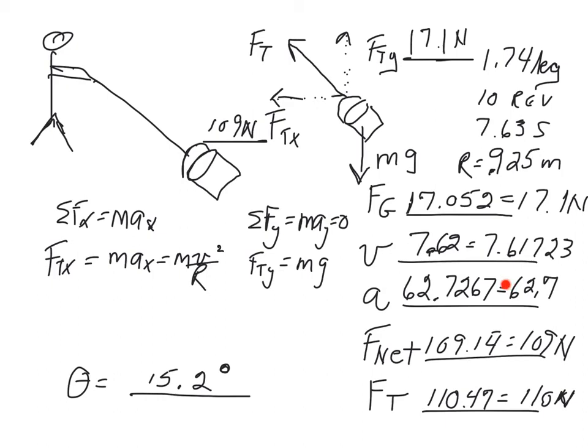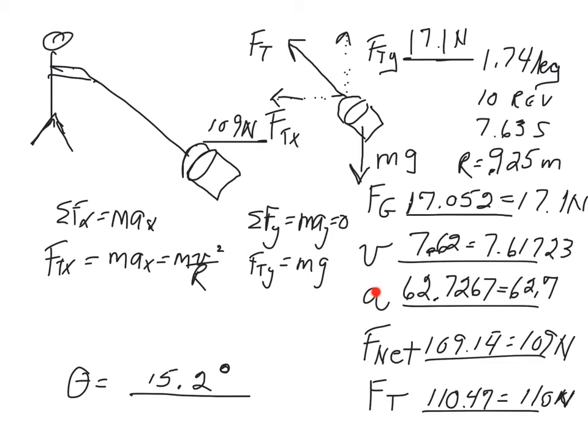So it means the centripetal acceleration is really high. If you were sitting in the bucket, you would be experiencing more than 6 G's of force as you went around, right? Like that. So anyway, that's useful to recognize.